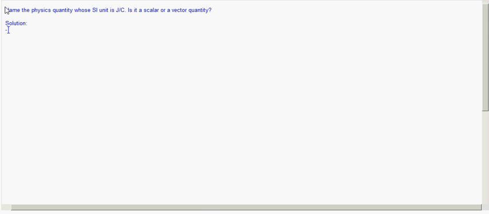Joules per coulomb, that is work done per charge. That is the unit of electric potential, and we know it is a scalar quantity.